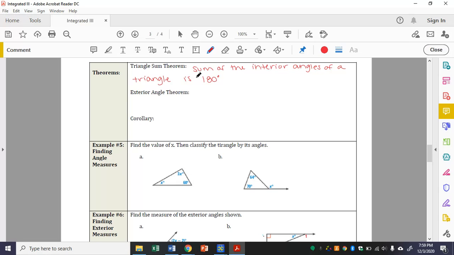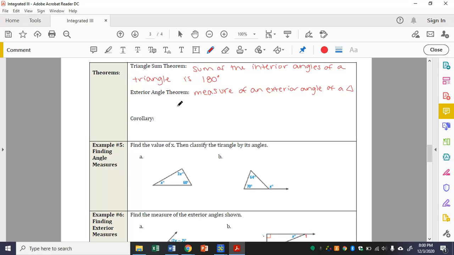Okay. The exterior angle theorem, in words, it sounds a little messy, but we're going to see it goes along with a couple of the examples below. So I'm going to write it out in words and then I can explain it below. So the exterior angle theorem says the measure of an exterior angle of a triangle, and I'm just going to draw a triangle to say that.